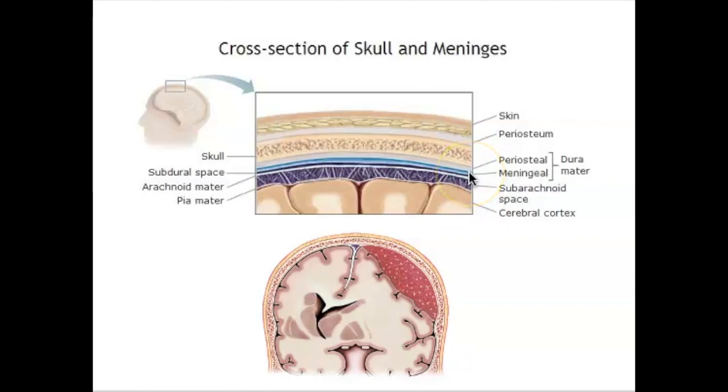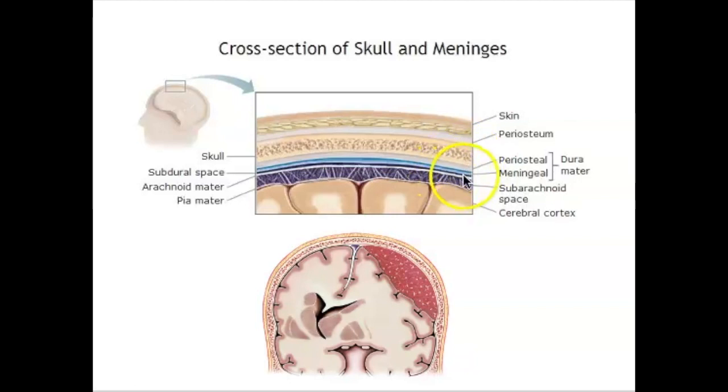So what they've drawn in here, and I know it's a little hard to see, is some gray on top of some blue. The gray represents the periosteal layer of the dura mater. So that's the part of the dura mater that lies right against the bone of the skull.